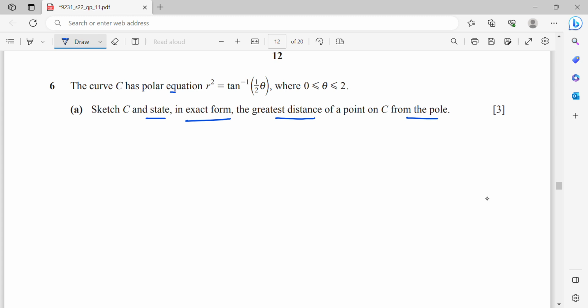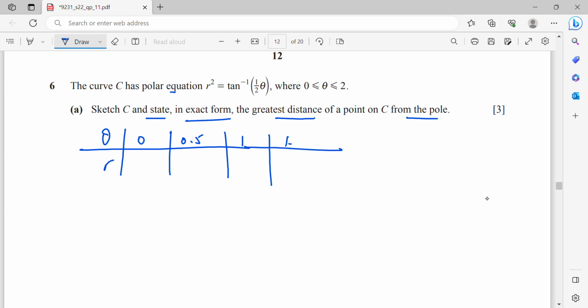So now to sketch a graph, we need to calculate the values. I will let theta be 0, then 0.5, after that 1, 1.5, lastly 2. Remember, this is inverse tangent, so better to change the calculator mode to radians.